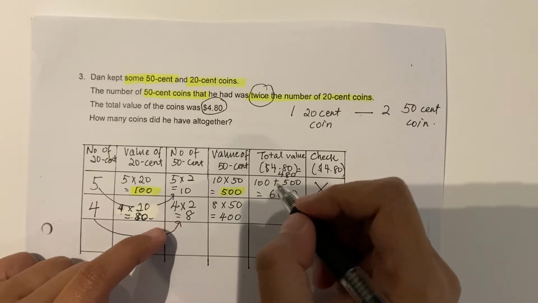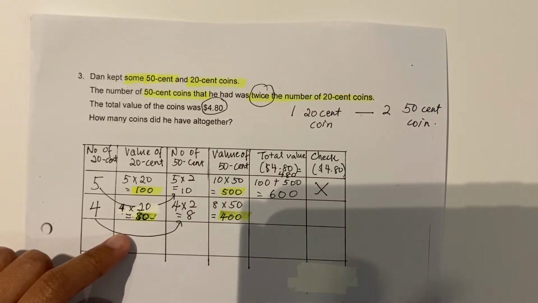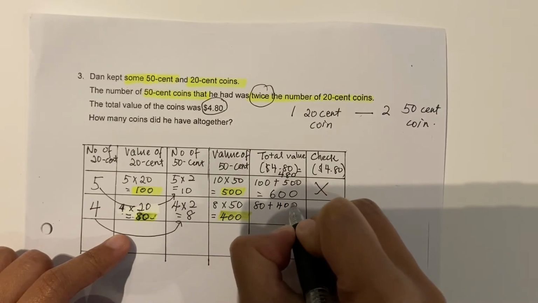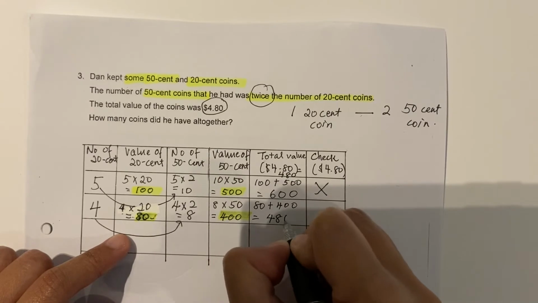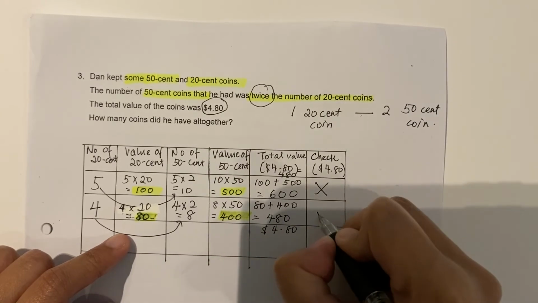All right, so now you take your total. So that's your 80 plus your 400. That gives you 480, which is equivalent to $4.80. So this is your answer.